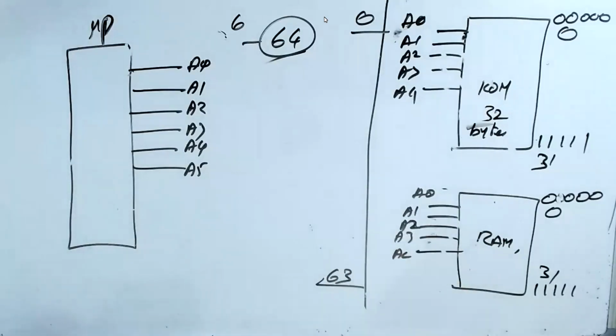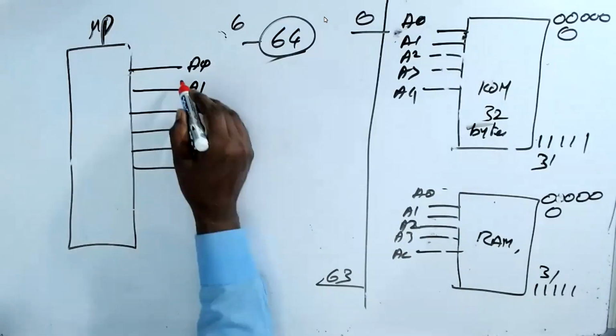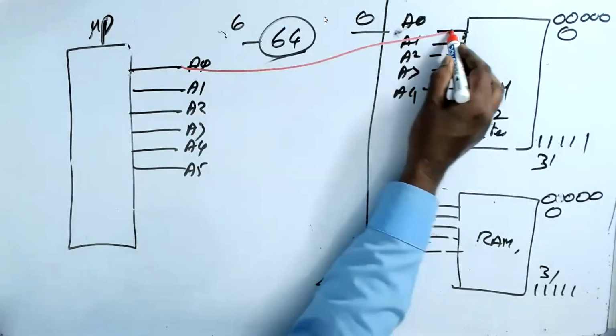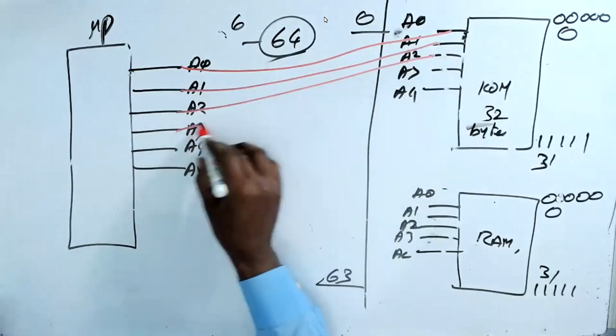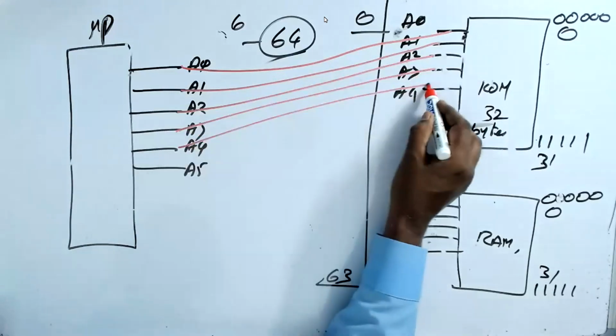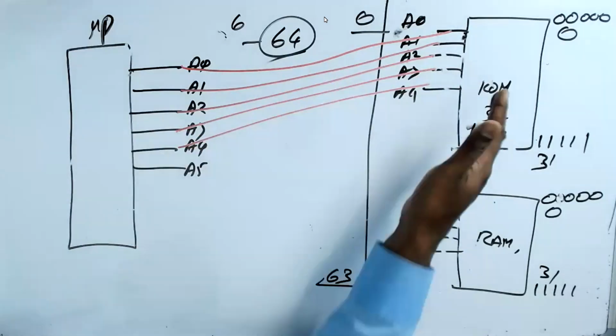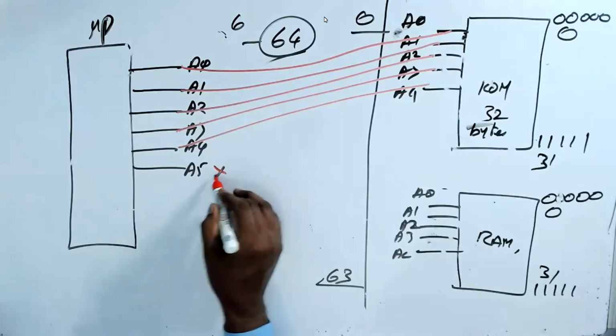What the engineer did was very beautiful. He connected A0 to A0, A1 to A1, A2 to A2, A3 to A3, A4 to A4. Fine, done, all the 5 wires are connected. A5 is not connected because this one has only 5 wires.